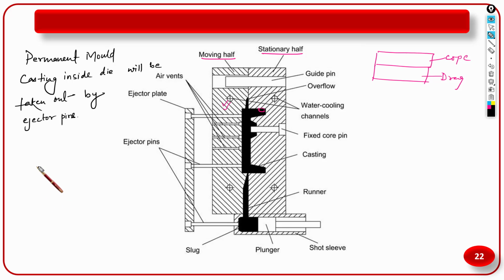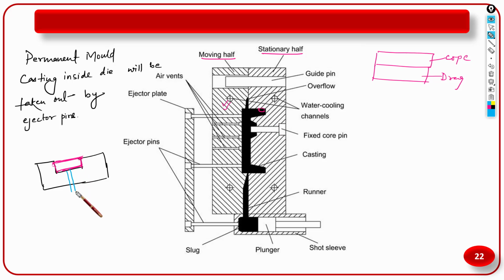I'll give you an example. Look at this one. This is a die, a permanent die. You are not going to break this to take out the casting, isn't it? The casting is here, which is solidified. It is fixed. You cannot take it out by hand; it is very difficult. So in the die itself, there will be some kind of pin put here.